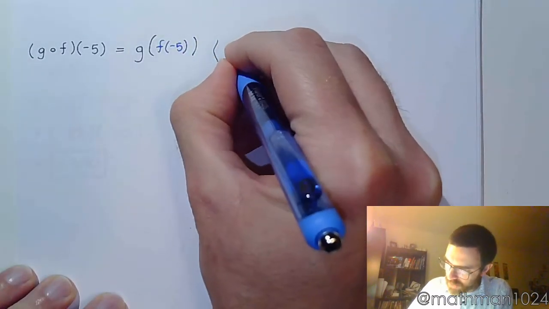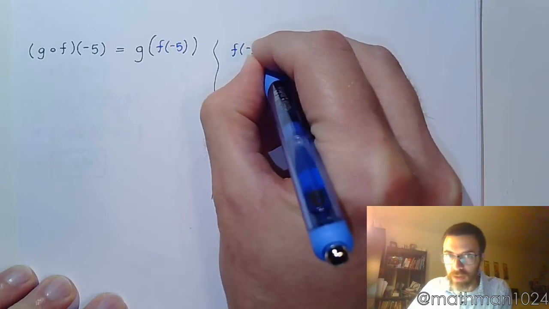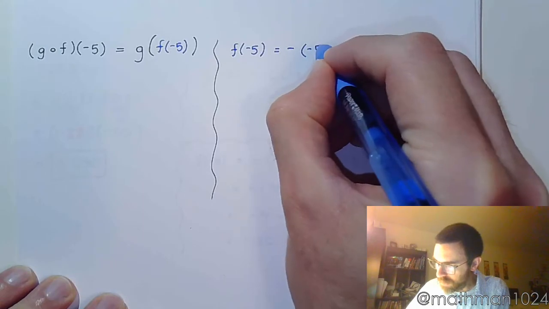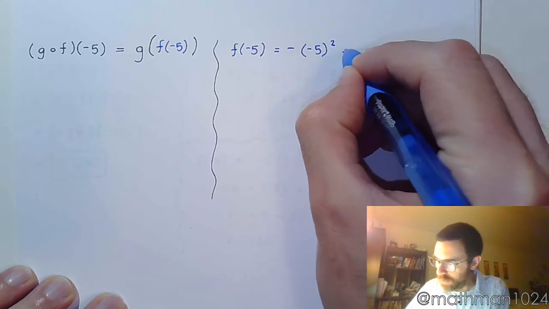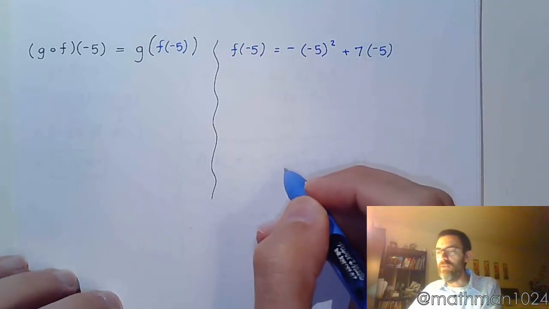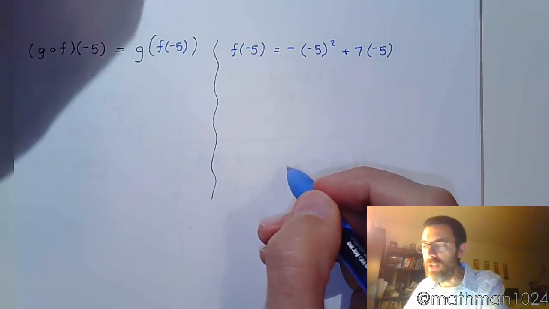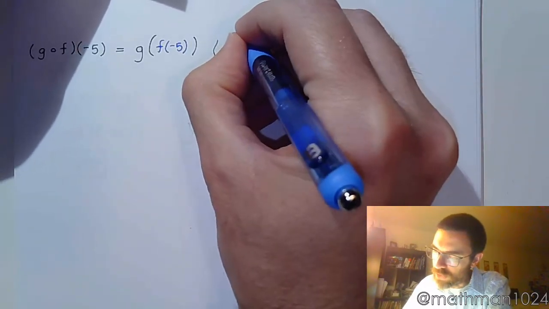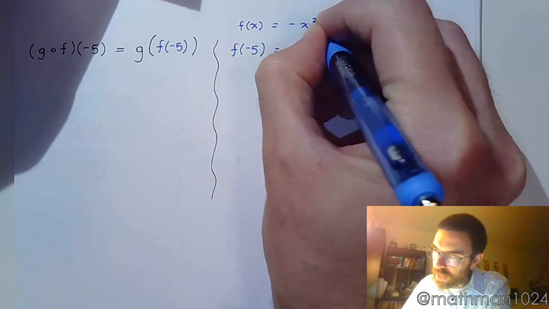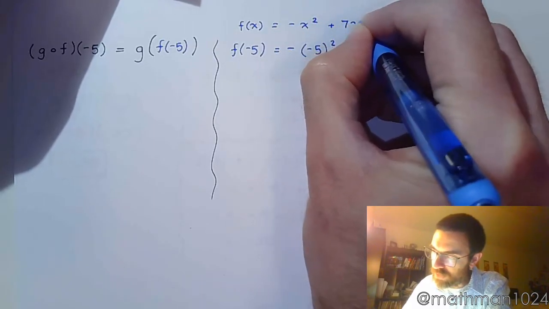So going off to the side yet again. So F of negative 5 means negative 5 squared plus 7 times negative 5. And if you happen to forget what that function is, just take a moment to rewrite this. So I'm going to cheat here. This says F of x is negative x squared plus 7x.